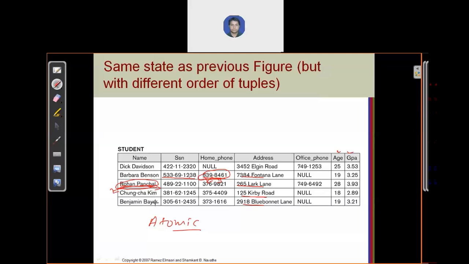So atomic values means values which we cannot further subdivide. Is it clear? Always when you create a relational database in the form of a table, each cell value must be atomic.